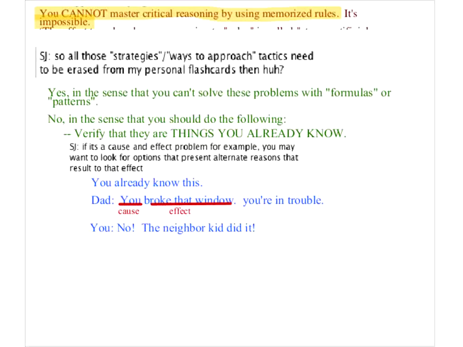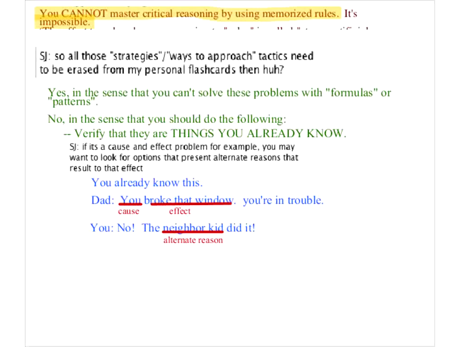So this is an alternate reason type of thing. My point is that none of these are going to be anything that you don't already know. My other point is that when you put it into this kind of form, it's a lot harder to understand. This should be an instinct that you already have. You caused the window to break. No, someone else caused the window to break. You can totally already do this.